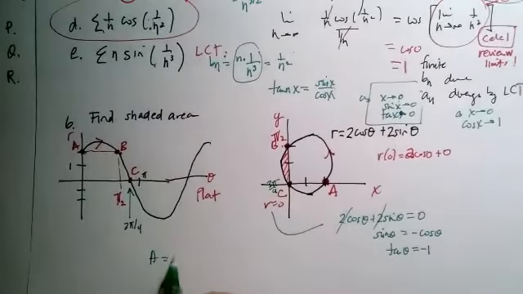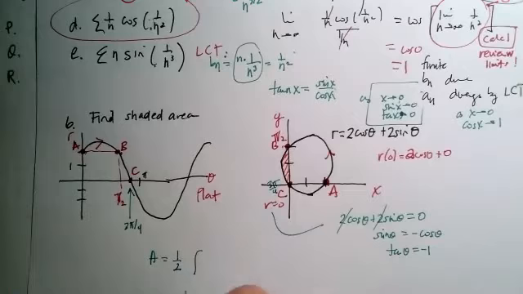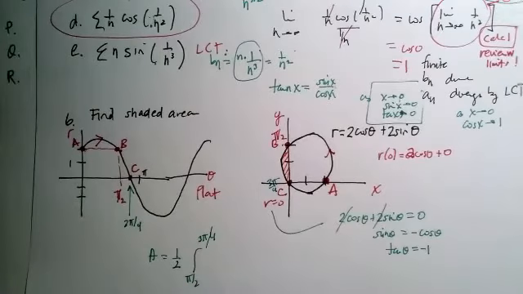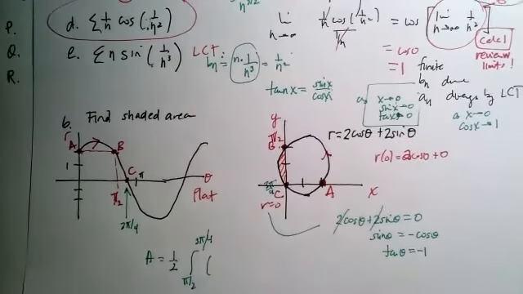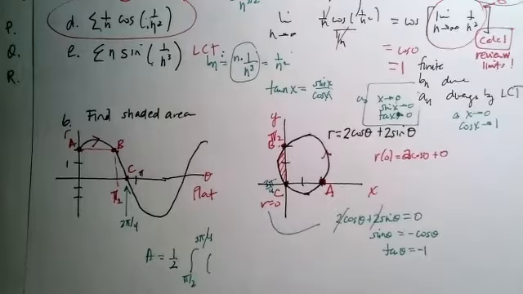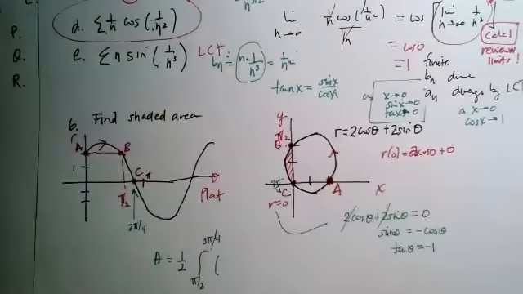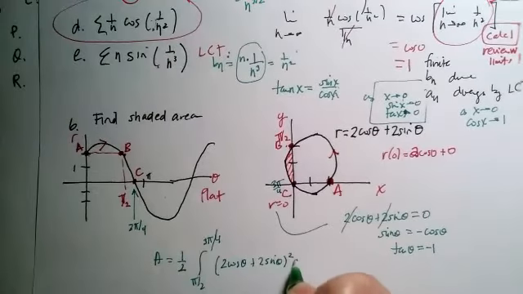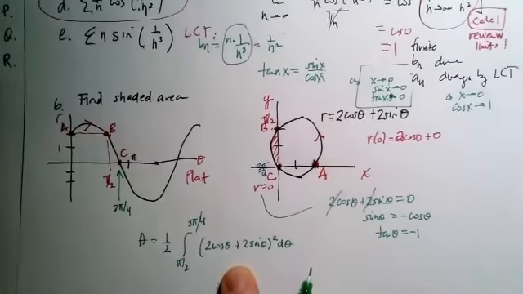So our area is going to be 1/2, and we're going from pi over 2 to 3 pi over 4. Okay, what goes inside? R squared. 2 cosine theta plus 2 sine theta squared d theta. Okay, we're going to have to FOIL this.